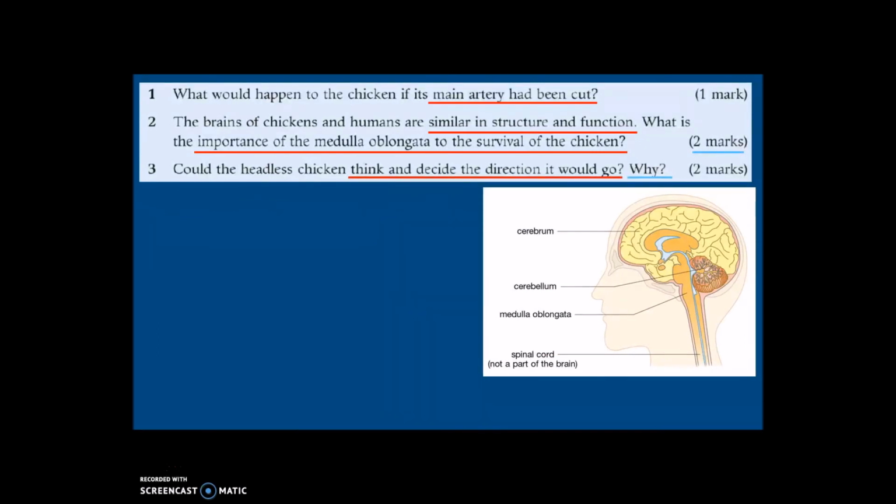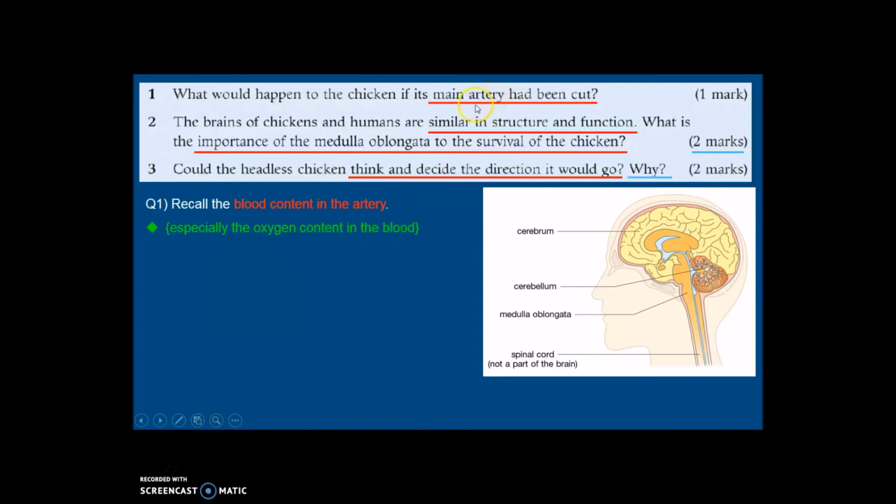Question 1 is: what would happen to the chicken if its main artery, that means the artery in the neck, had been cut? Remember that you are a biology student. Don't just answer that the chicken will die, because that is what a normal person would answer. As a biology student, you need to recall the blood content in the artery, especially the oxygen content in the blood.